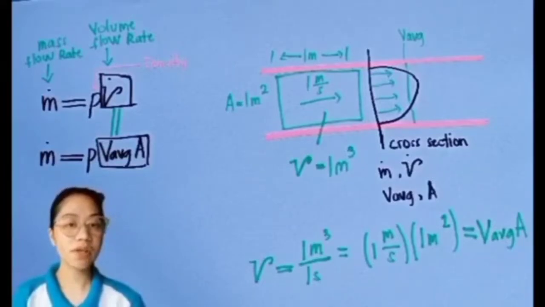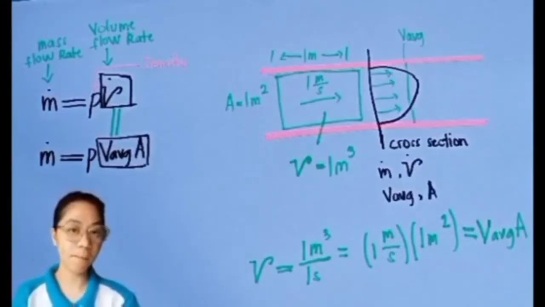We used a special case to illustrate the validity of this equation, but this equation is actually applicable for any cross-section in a control volume. It's not limited to a duct with constant diameter.